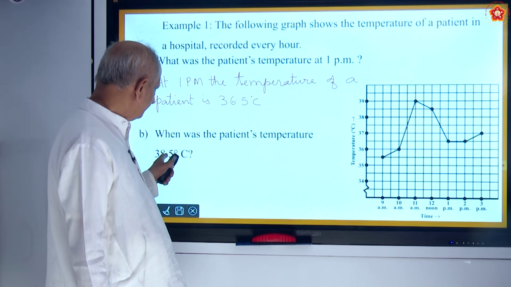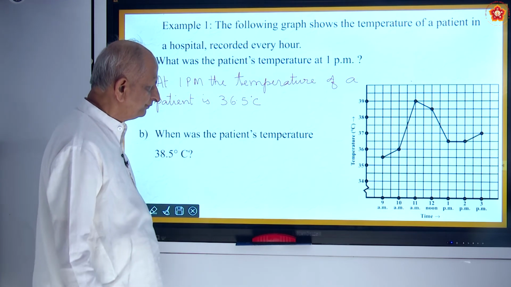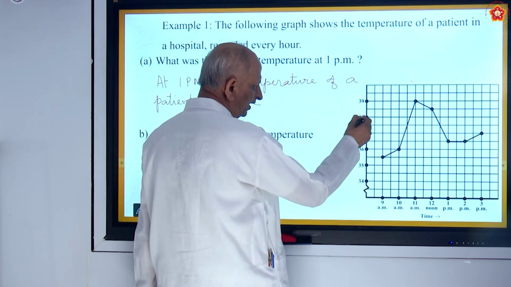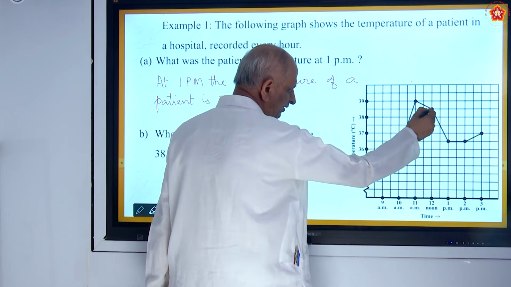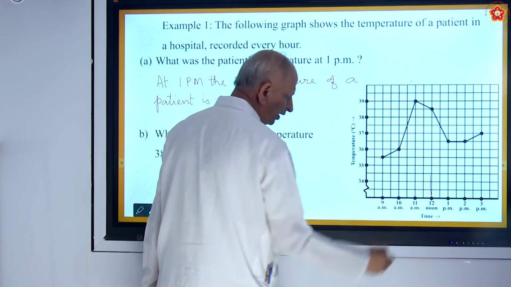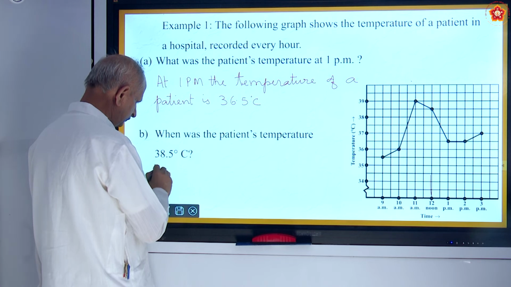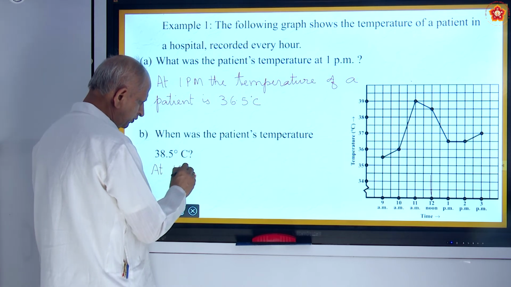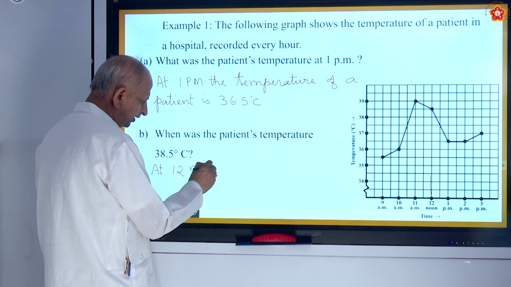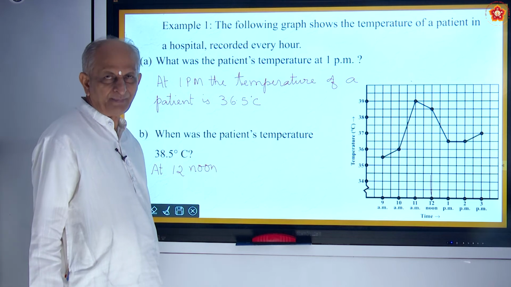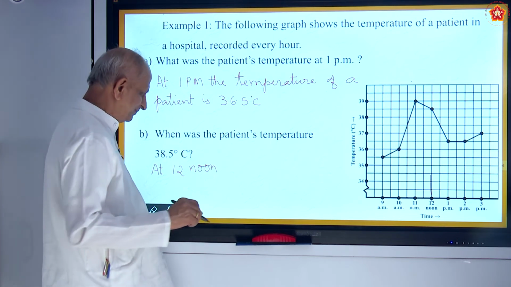When was the patient's temperature 38.5? So 38 is here, 38.5 is here, and the time is 12. At 12 noon. When you say 12 o'clock, it is neither a.m. nor p.m. Sharp 12.